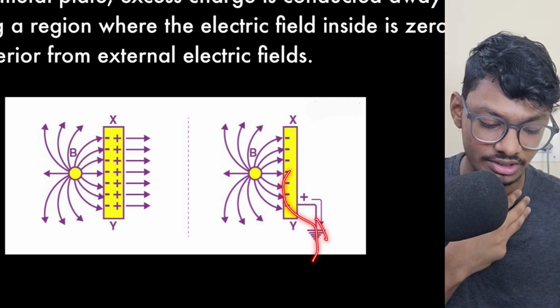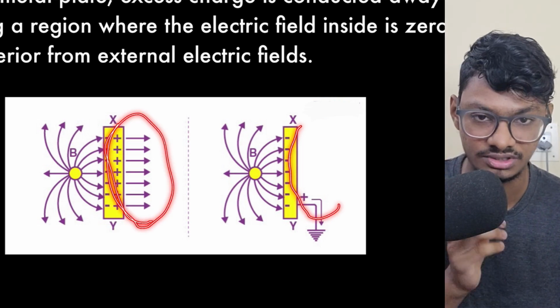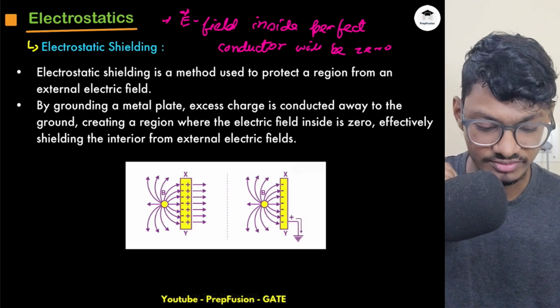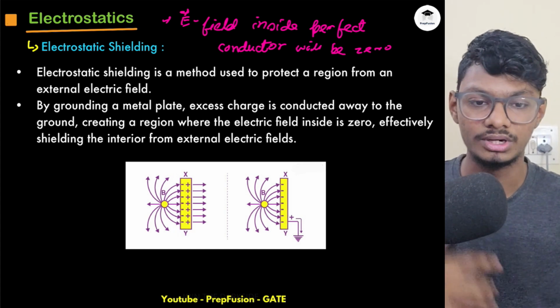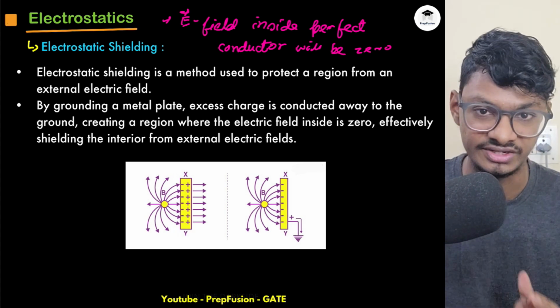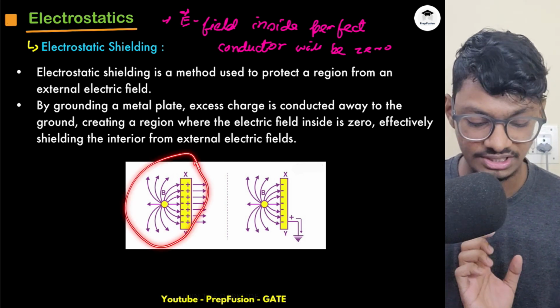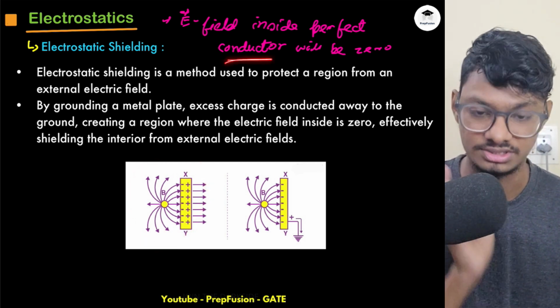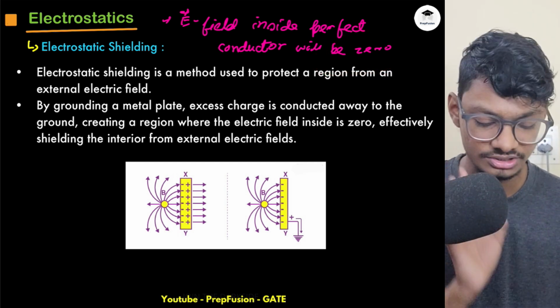All the electrons pass through here, so actually no electric field is generated here due to the generated positive charges. This concept we use in electrostatics, and we use this in airplanes as well. But not that important. Just for theory perspective, you should know that there is a concept known as electrostatic shielding, and we use it with the concept of conductors. Inside a perfect conductor, the electric field will always be zero. This you should know.